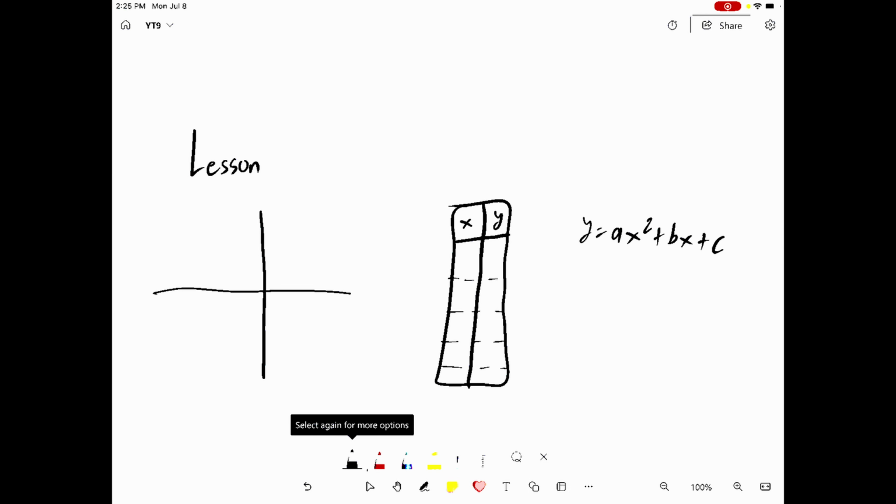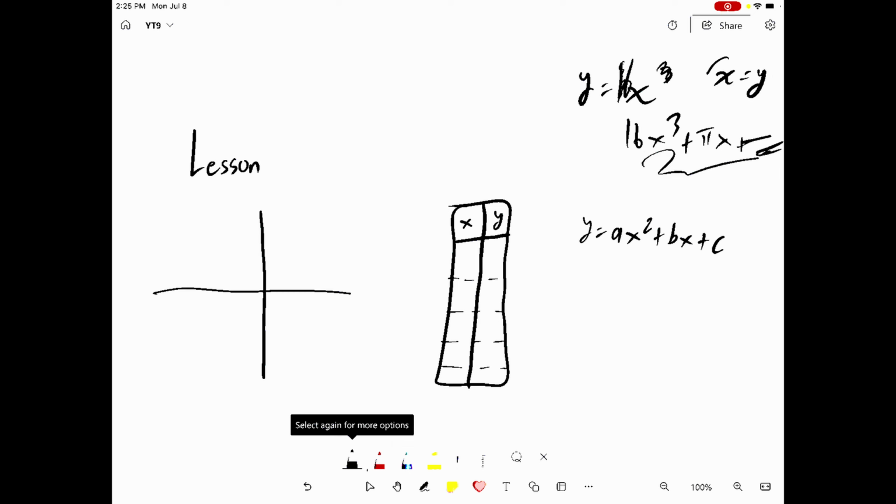This lesson is about graphing quadratic functions. Now, a function is where we have y on one side and x powers on the other, like x cubed, or maybe 16x cubed plus pi x plus so on. But the only variable there is x, and on the other side it's y, and that would be a function in our definition.